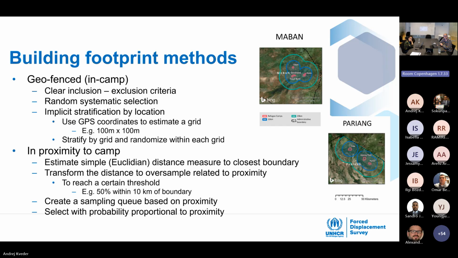So we have geofenced methods where we define the perimeter of the camp and have a systematic sampling within the camp, or we are sampling in proximity to camp, where it's a gravity-based sample, where we're using the measure of proximity or distance from the camp boundary as the gravity coefficient in guiding the probability of selection. So those that are closer to camps are selected with higher probability than those that are further away.